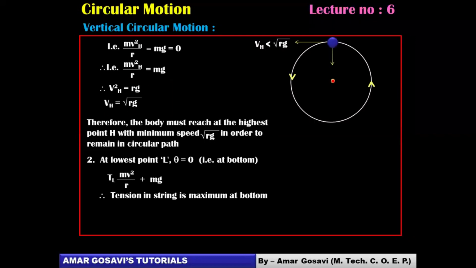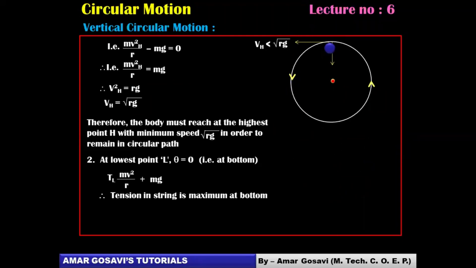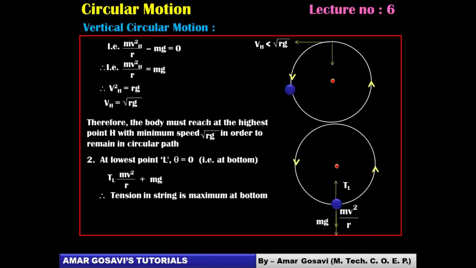If the object comes down from the top to the bottom, just have a look at the diagram, the tension at the lowest point will increase. It will be mv square by r plus mg in this case. It's going to increase, so it will be maximum at the bottom.